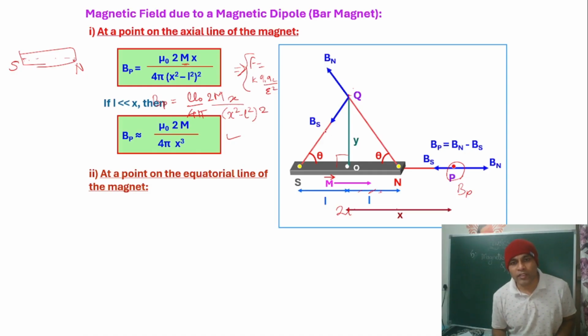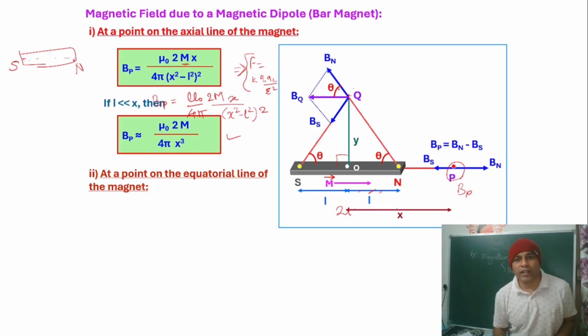On this line, this is making a vector, and you can see here that is BQ. So the resultant vector can be calculated: BN vector plus BS vector is equal to BQ.